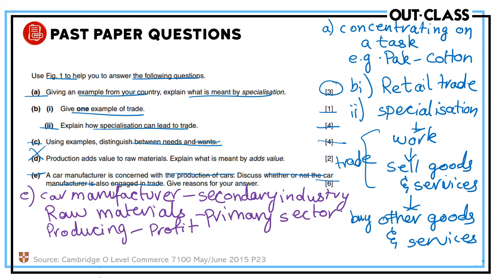So he is involved in trade because he is buying raw materials from primary sector and then producing and then selling them for a profit, and he can sell that in the home or in the foreign country. So basically we know that the car manufacturer is involved in trade, because if he will not sell these cars that he is producing, then there is no point of him to produce.